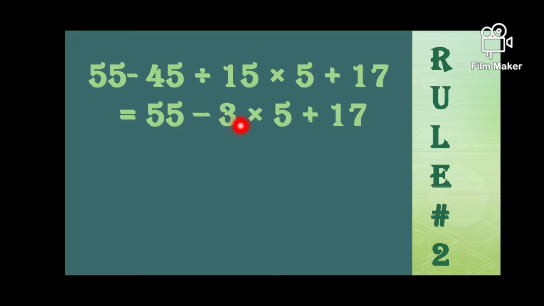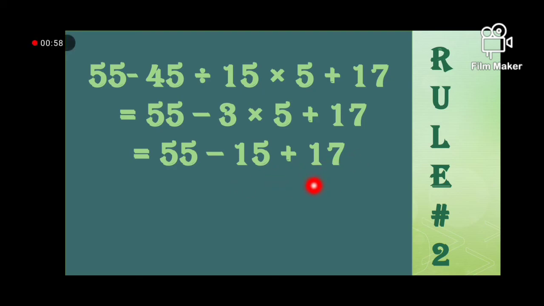So 55 minus 3 multiplied by 5 plus 17. Now what should we do? We will multiply. 3 5s are 15. 55 minus 15 plus 17.